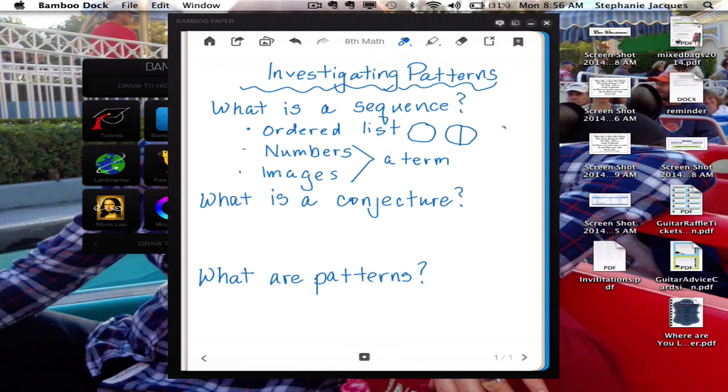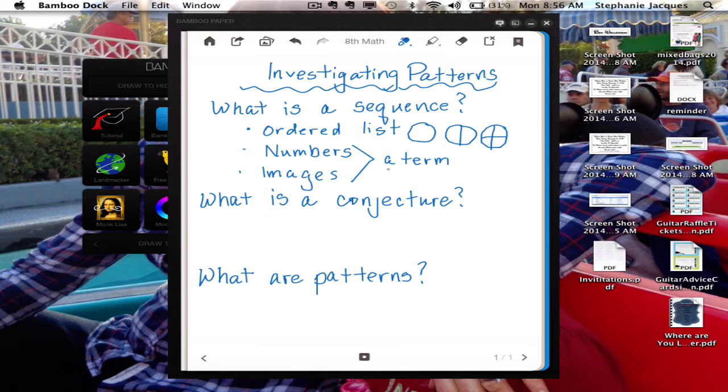My third term is going to have a line going down the middle here. So now you're looking at a pattern. This is a whole. Now it's divided into 2 parts. Now I'm divided into 4. So we have a pattern going on here. It involved images, and each one of these is called a term. So first term, second term, third term.